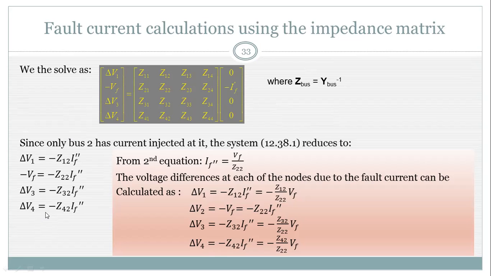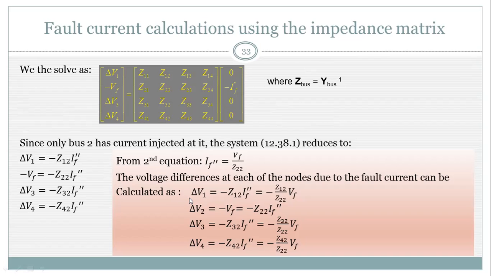So these are the equations. From this, we can easily calculate the short circuit current IF double prime, that is short circuit voltage divided by the self impedance of the short circuit bus, that is Vf divided by Z22. Now the voltage differences at each node due to the fault current can be calculated.